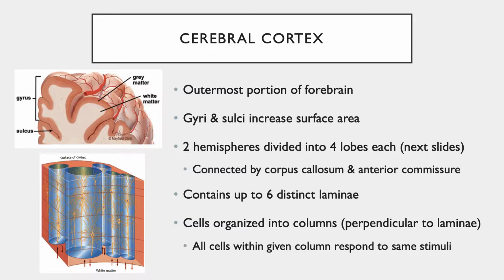But since your brain is not a linear line, the columns are actually parallel to the surface of the cortex. All cells within any given column respond to the same stimuli. They work together to facilitate various functions.